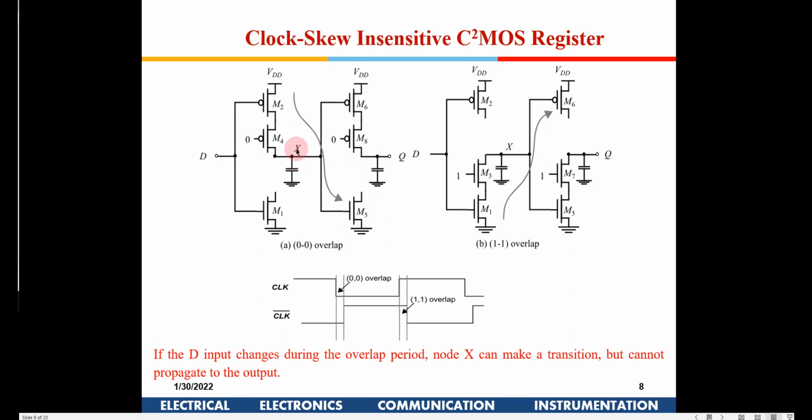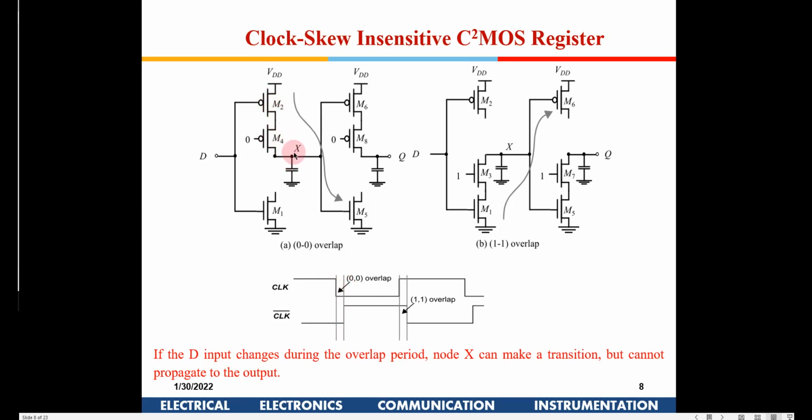So what can happen at this node during 0-0? If it is 0, it can get charged to 1. If it is 1, it cannot get charged to 0, because this transistor is not there. So only one thing can happen here during this 0-0: if it were a 0, it can go to 1 because of the jitter out here.